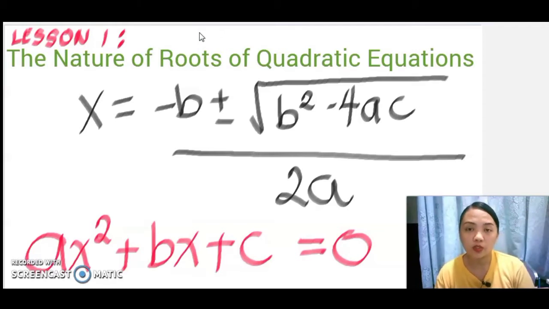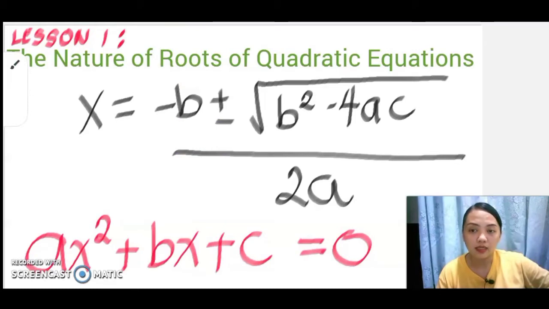So today, we are going to talk about the nature of roots of the quadratic equation. In the quadratic formula, x is equal to negative b plus or minus square root of b squared minus 4ac all over 2a. As you can see, the values of b, a, and c are from the standard form of the quadratic.